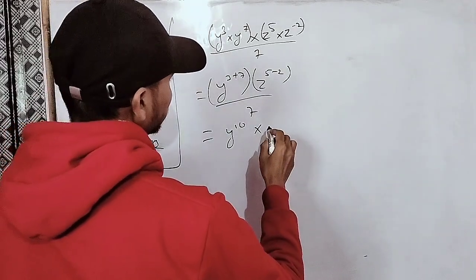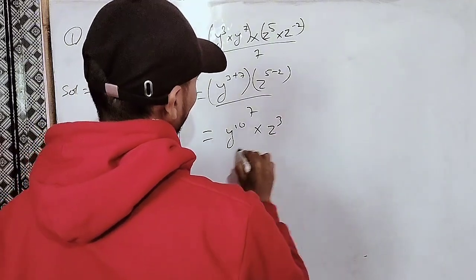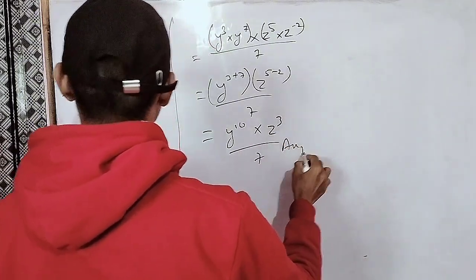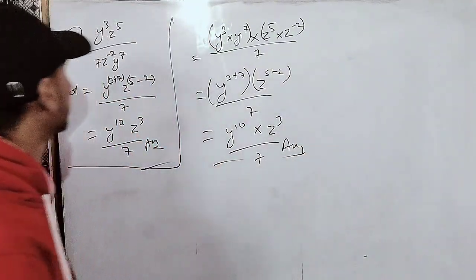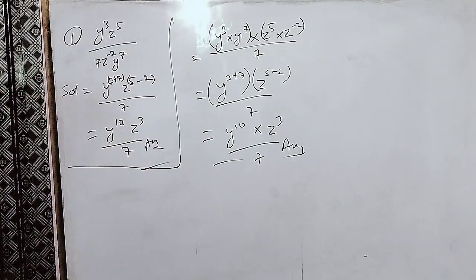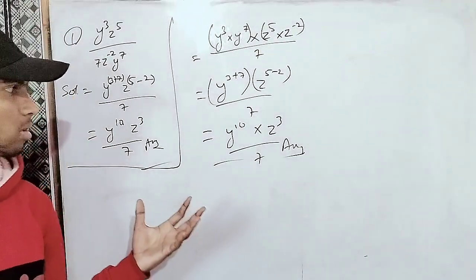Clear? Upon 7. I think so. This is wrong.